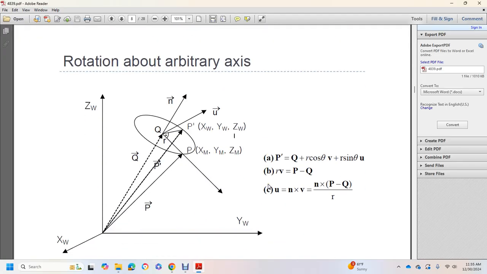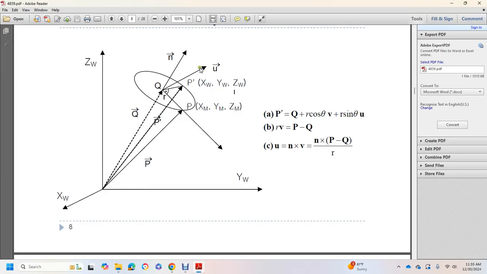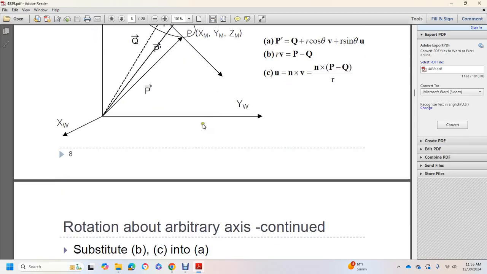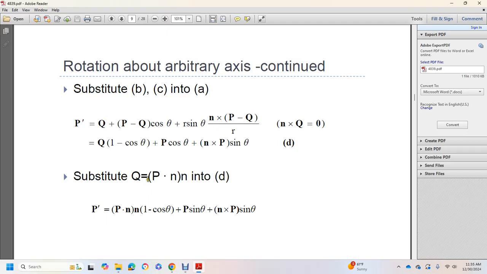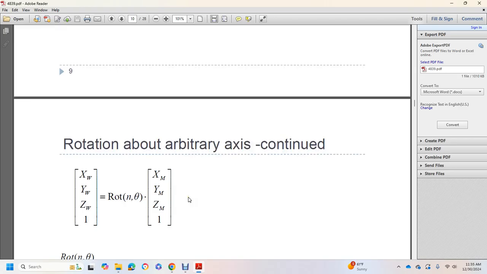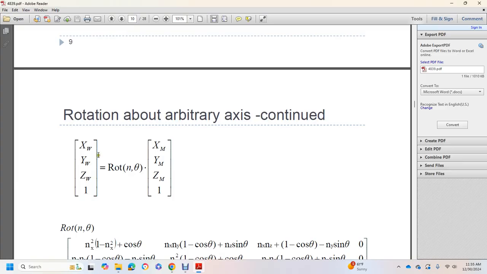Rotation about arbitrary axes. X, Y, Z world, parameter 1, parameter 2, X, Y, and Z model. For rotation about an arbitrary axis, substitute A, B, C: substitute B, C into A. And substitute Q equal to parameter times N. Rotation about arbitrary axis, continued: rotation world coordinates X, Y, and Z, 1.